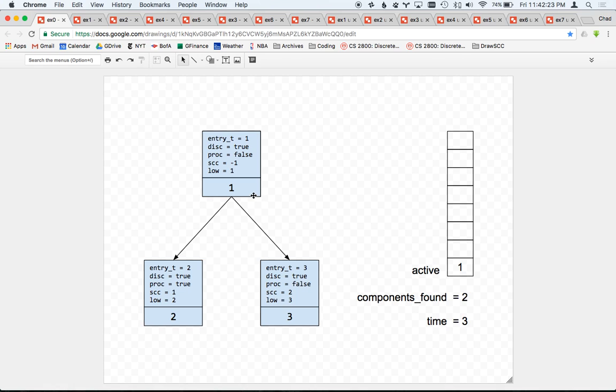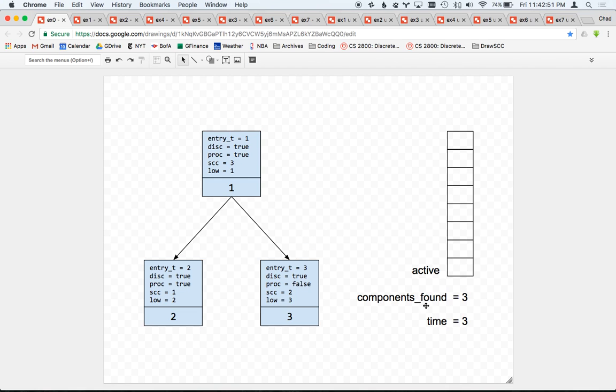We return to vertex 1, continue processing the edges. There are none left to process, which means we process vertex number 1 late. And to do that, we check to see whether its low is equal to 1, which it is, so that means we found another strongly connected component. There are now 3. We pop vertex 1 off the active stack, and we set its strongly connected component to be 3. Finally, we mark it as processed, and we have finished our algorithm.